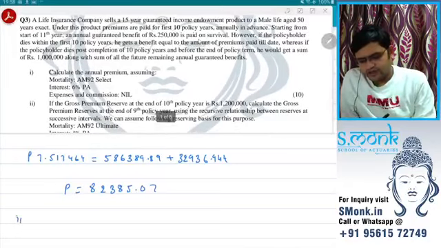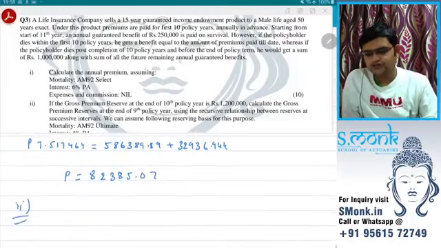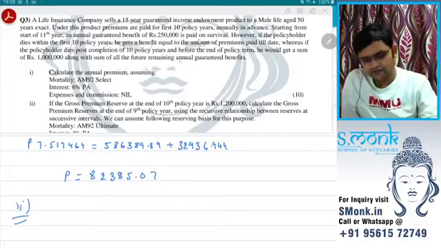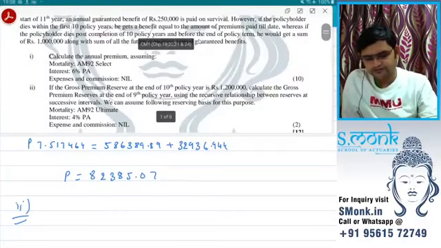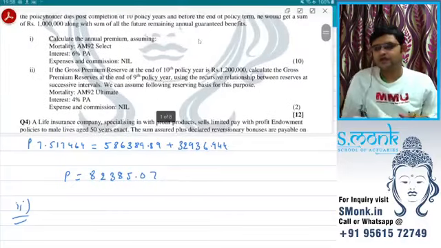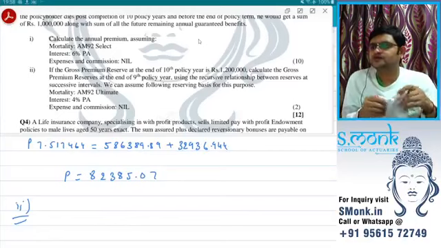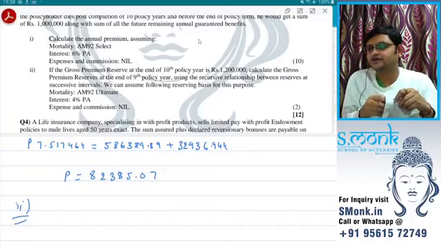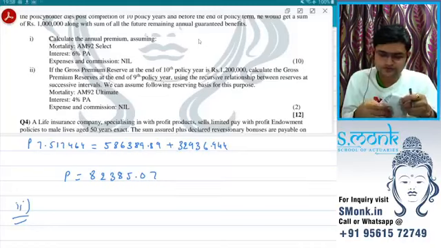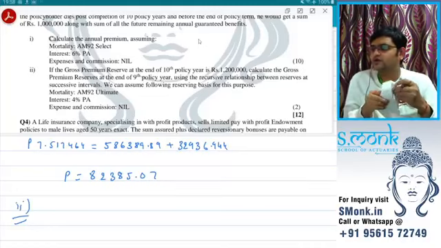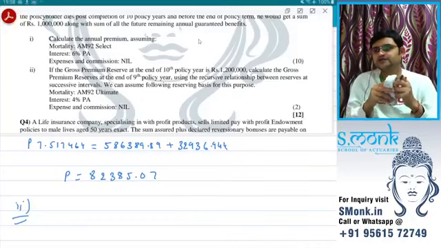For the second part, they are saying if the gross premium reserve at the end of the 10th policy year is 12000 whatever, calculate the gross premium reserve at the end of the 9th year using the recursive relationship between the reserves and the successive interval. We can assume the following reserving basis for this purpose. So we are going to take into account our recursive relationship.